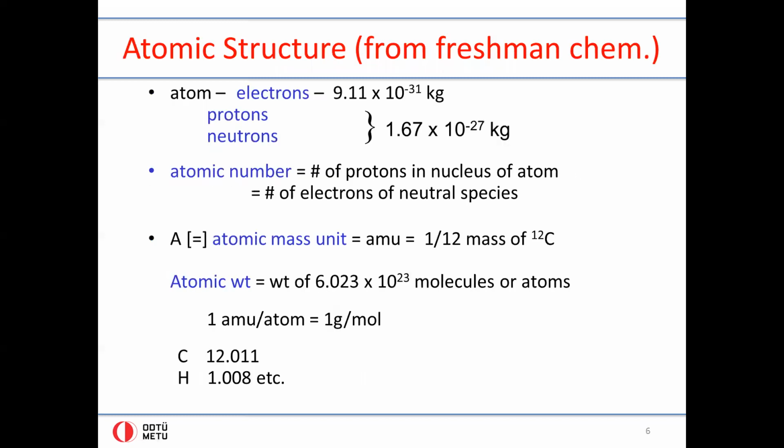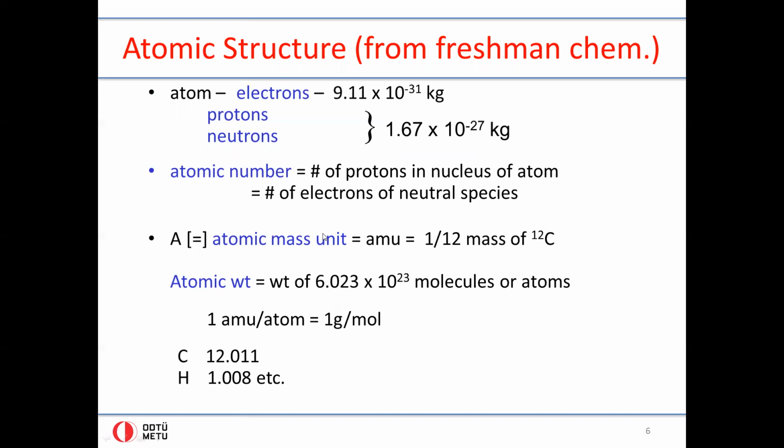So continuing to remind ourselves, or to remember our previous chemistry classes, an atom has very small mass. It's made up of electrons and protons and neutrons, and there's something called the atomic number, which says the number of protons or the number of electrons, to balance each other out as plus and minus.